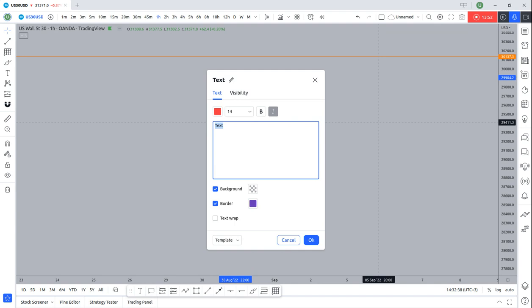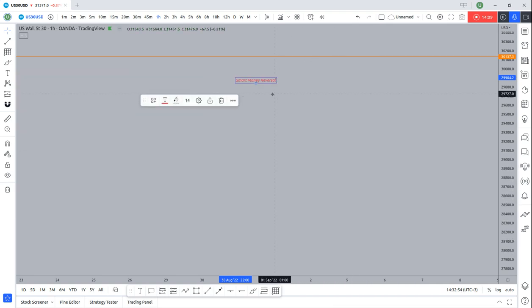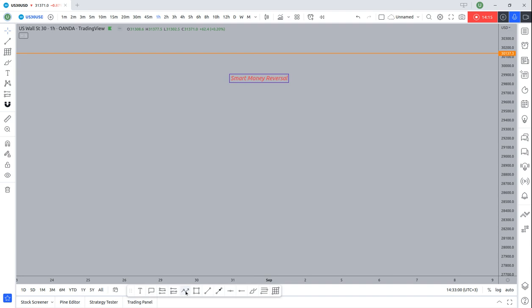This phenomenon happens on the lower time frame as well as on the higher time frame. All right, so smart money reversal. It happens like this.